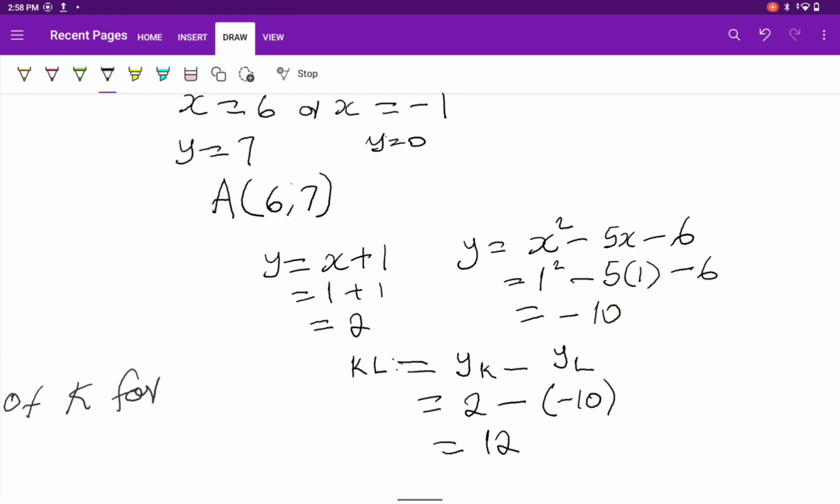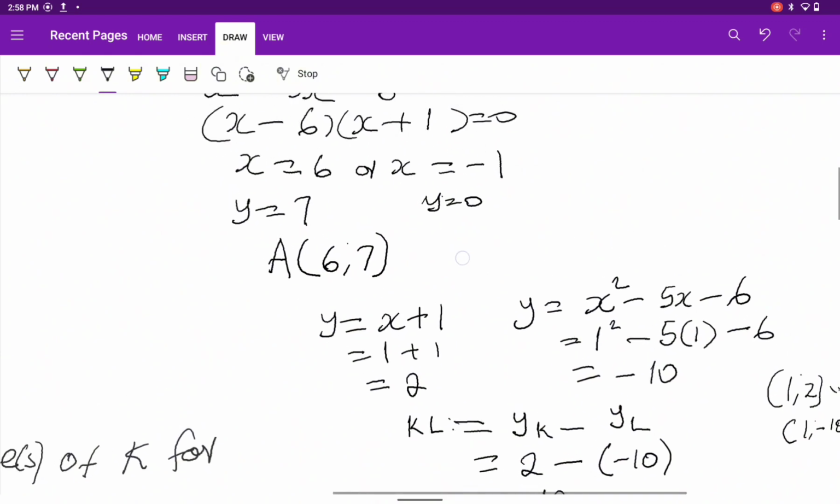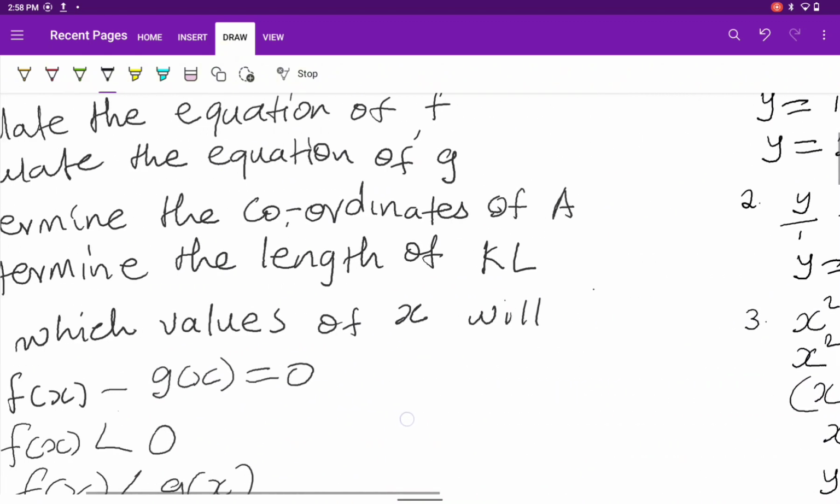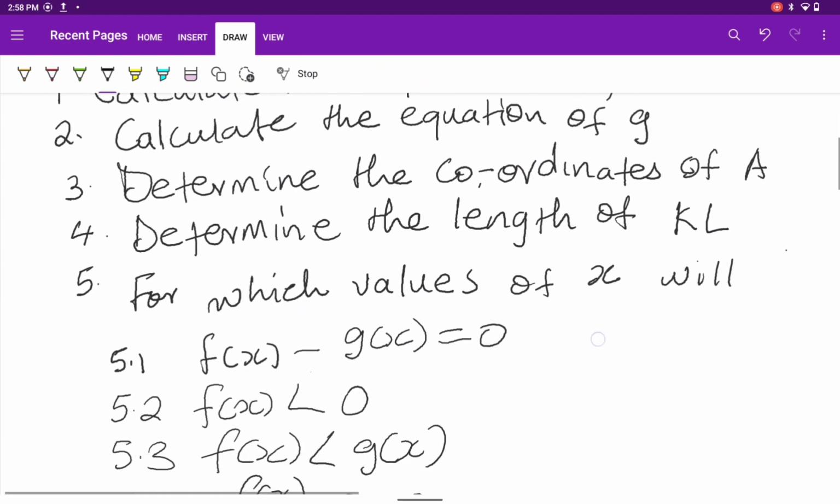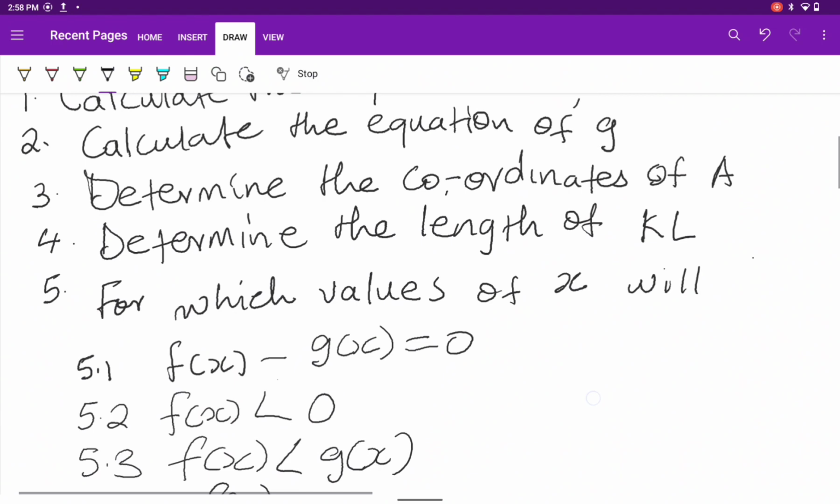Even if we put these as coordinates, 1 and 2, and another point as 1 and negative 10, and we use the distance formula between the 2 points, we will still get that. But it's safe to say just take the y value on top and subtract the y value below. So that's the length of KL. That was number 4.